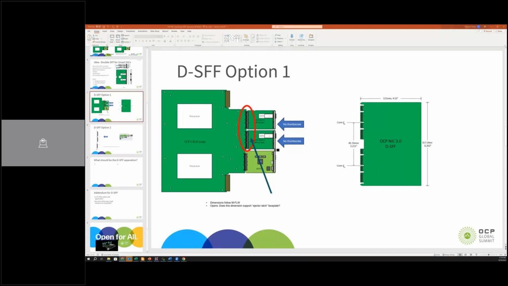In the current NIC 3.0 spec, the tolerance between these two connectors is pretty loose, which also means the tolerance between the two golden finger sections for 4C is pretty loose, and the issue is we may observe interference when the card mates to the two connectors at the same time.